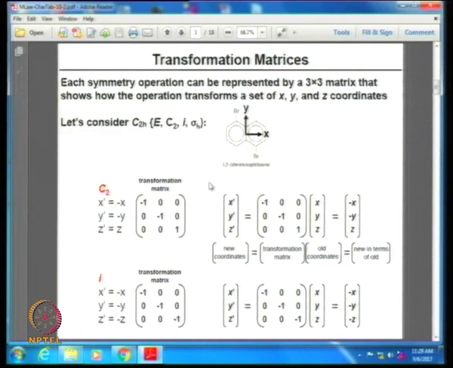So for this, these elements are identified. E, which is identity; C2, because there are bromines hanging here, you can only do a 180 rotation. Then there is a full space inversion, which sends x to minus x, y to minus y, z to minus z. And finally there is sigma h. This is what we would not consider if we had an idealized planar figure.